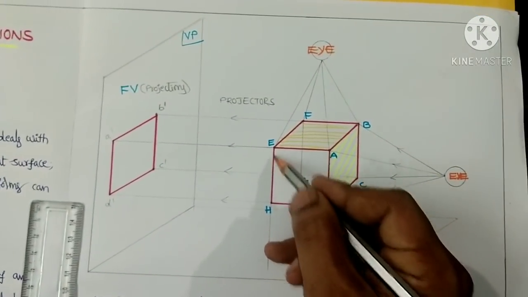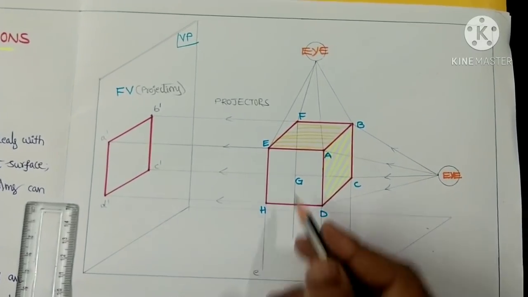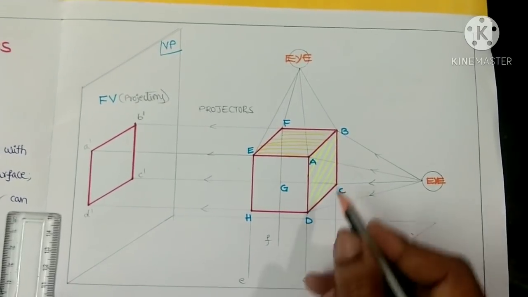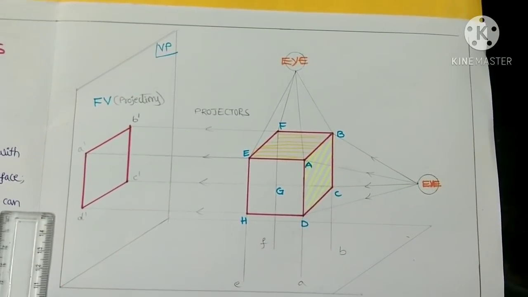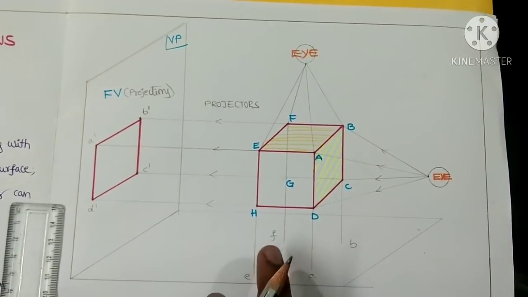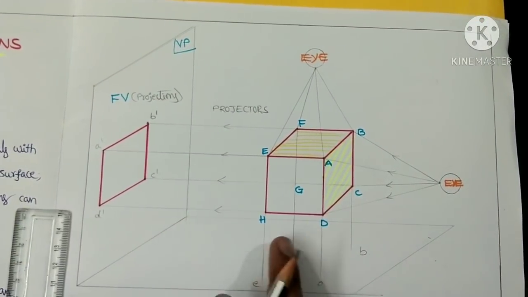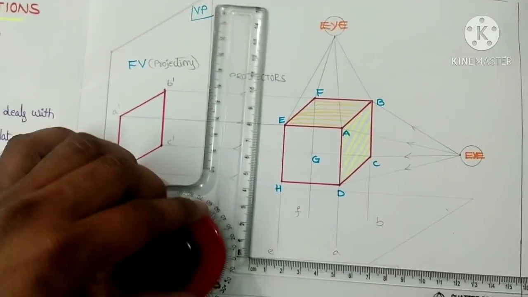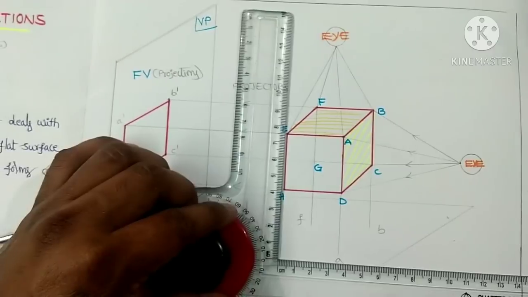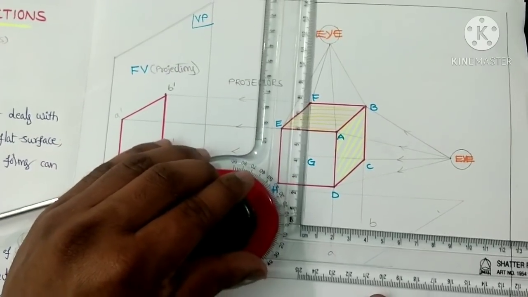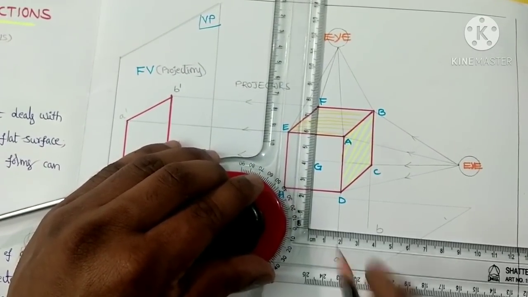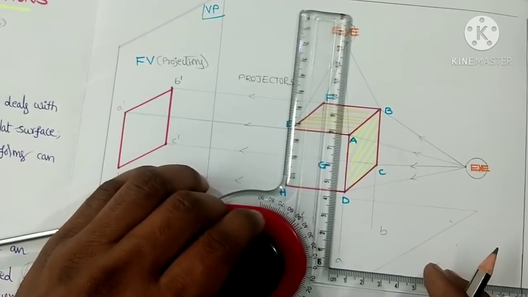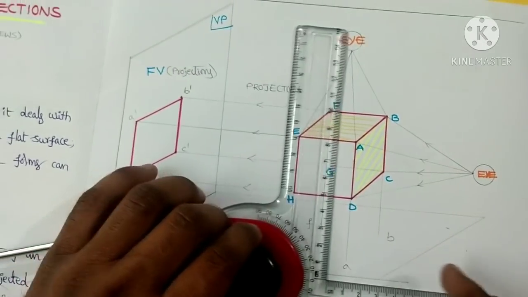So E becomes small e, capital F becomes small f, A becomes small a and B becomes small b. And one more thing, you may have a doubt about the length of these projectors. Each projector dimension must be the same. Suppose from point E to capital E is 75 mm. Then this dimension also must be 75. That means the distance between the object and the principal plane is 75.